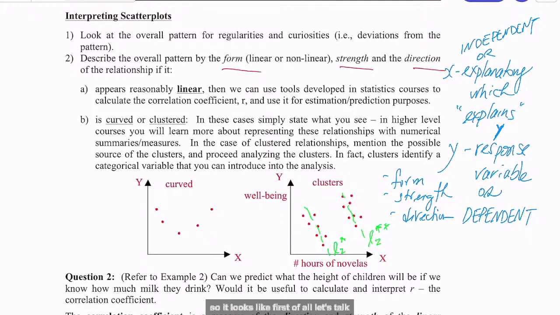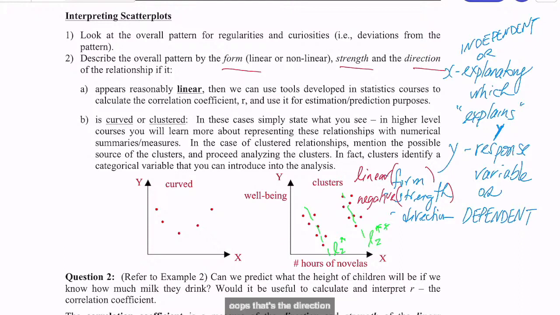So it looks like, first of all, let's talk about what's happening. The relationship between watching soap operas and well-being is a negative relationship. So first of all, we see the line, and that's the form. We see a negative relationship. That's the strength.